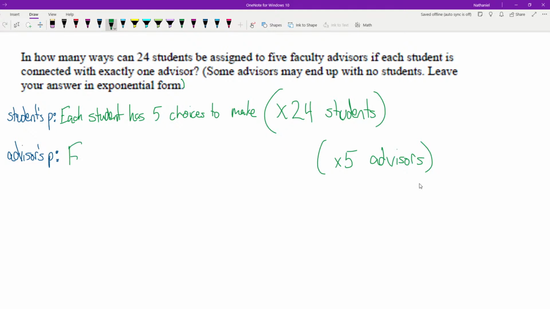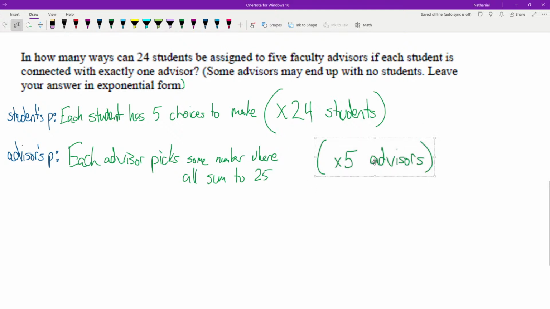We sort of say each advisor picks some number where they all sum to 25. Is that maybe the best way to describe that? There's not really a great amount of math in the advisor's perspective.